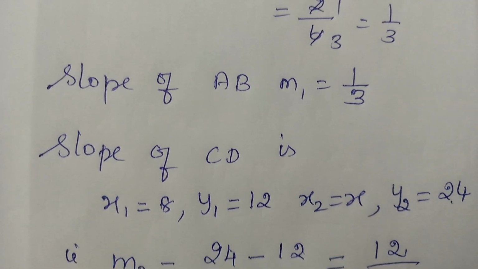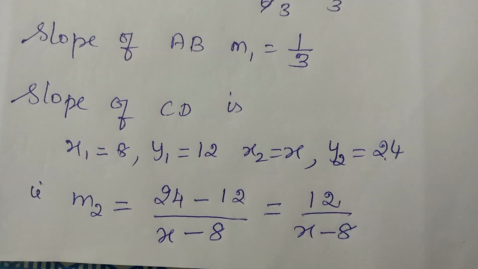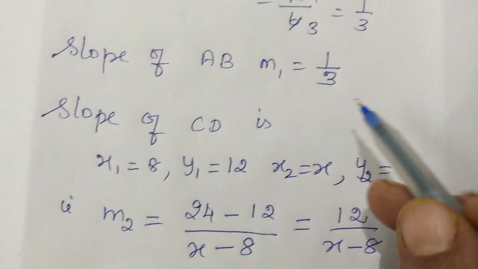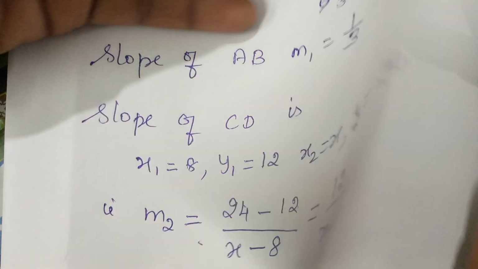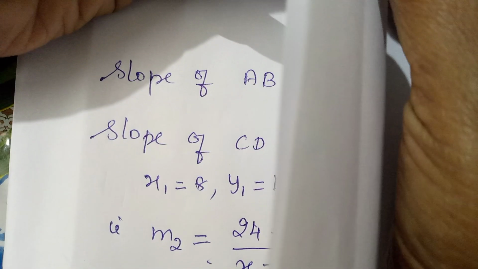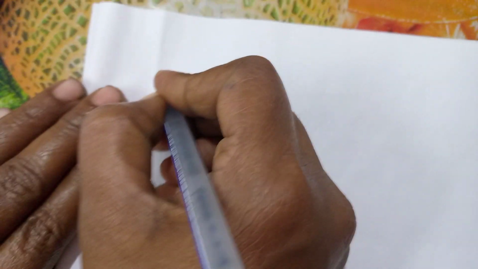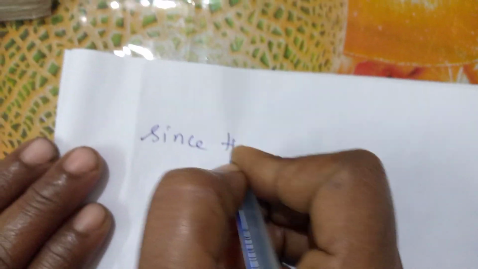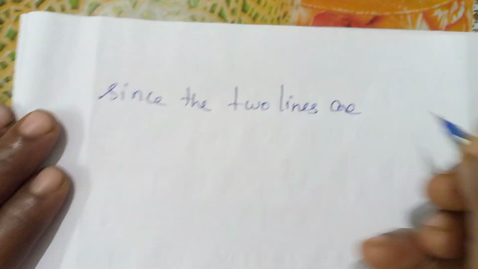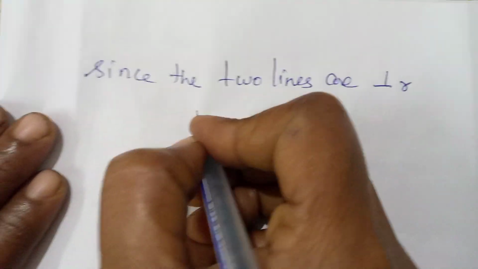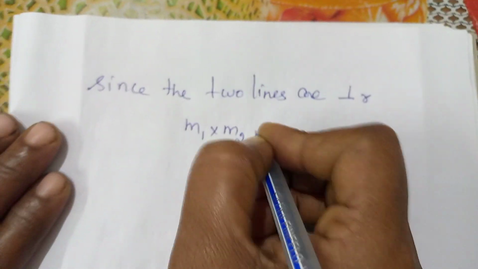Since the two lines are perpendicular, we know M1 into M2 is equal to -1. We have M1 is equal to 1 by 3, M2 is equal to 12 by x minus 8. So we use the condition M1 into M2 is equal to -1.